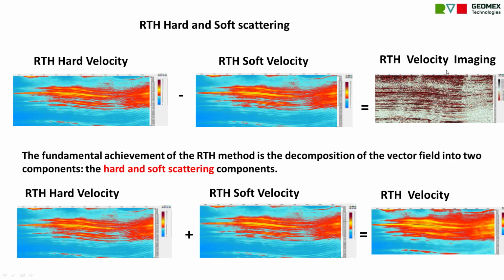It's RTH velocity imaging. Why RTH velocity imaging? Because it is very similar to the so-called FWI imaging, which was proposed 5 years ago by the company CGG, which we know well. And with summation, for example, we obtain the RTH velocity.